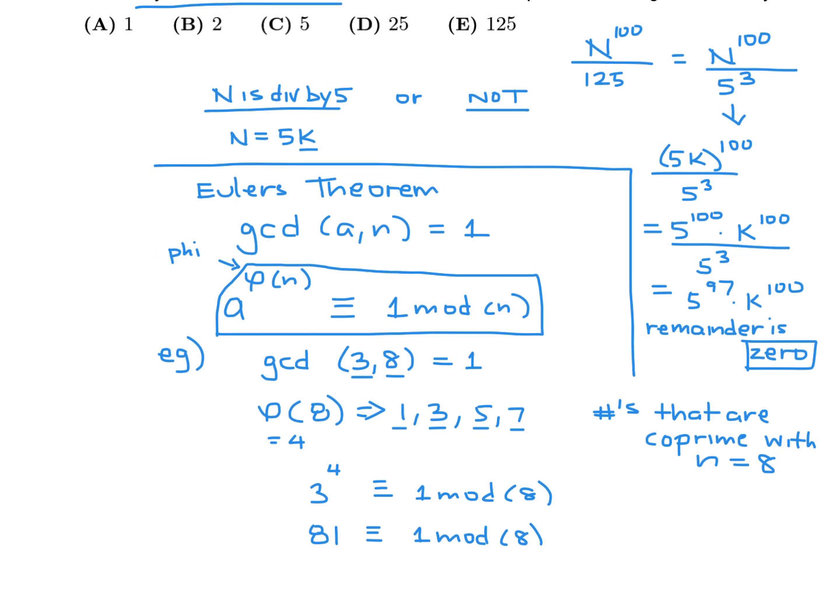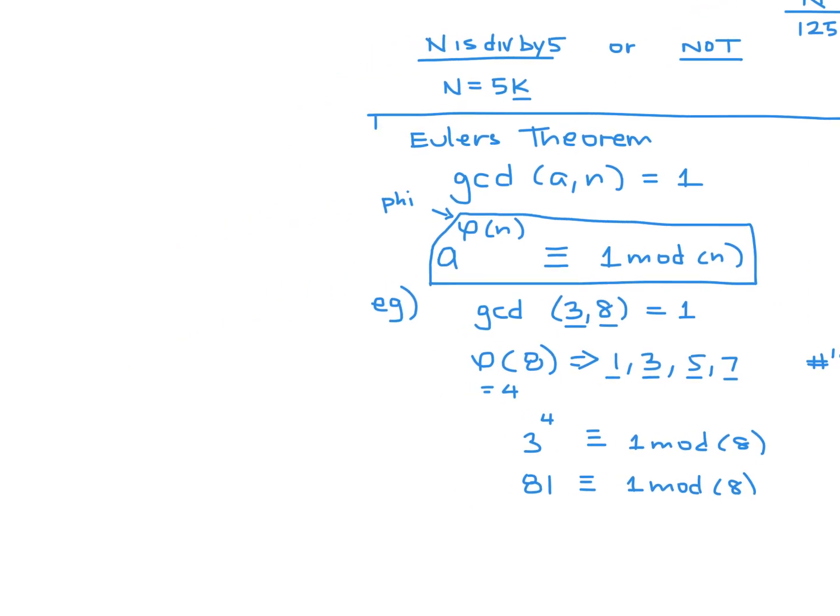So let me keep this in the same screen here. So in our case, we've got n to the power of phi of 125 is equivalent to 1 mod 125.